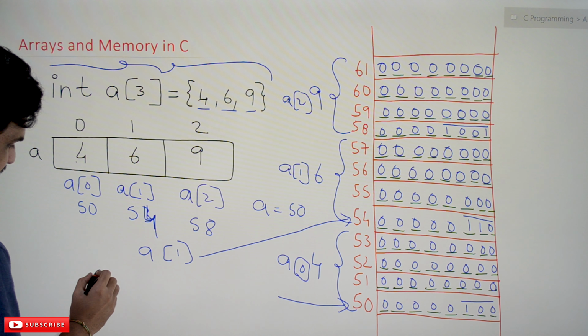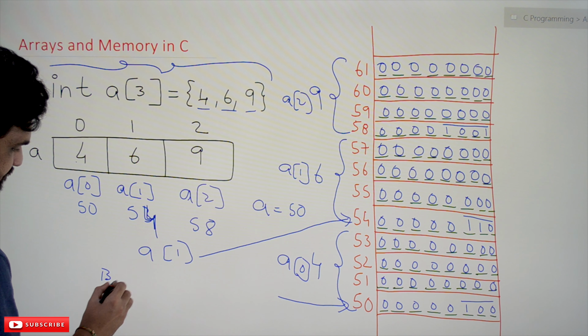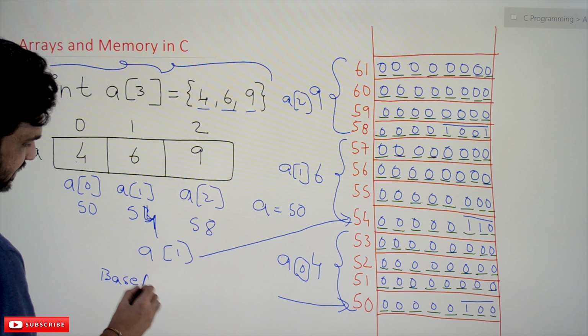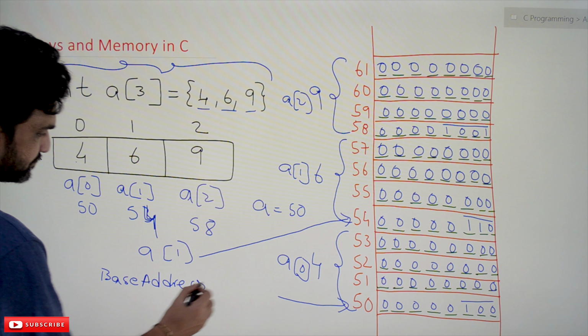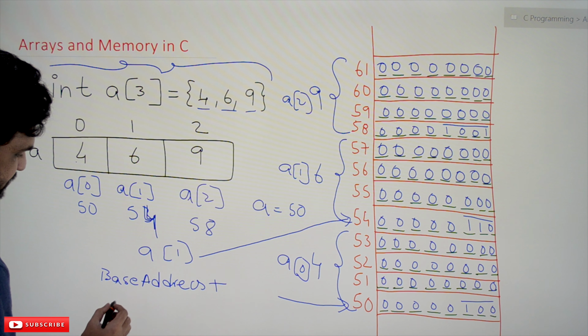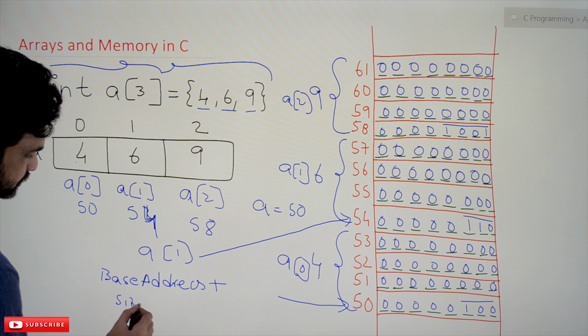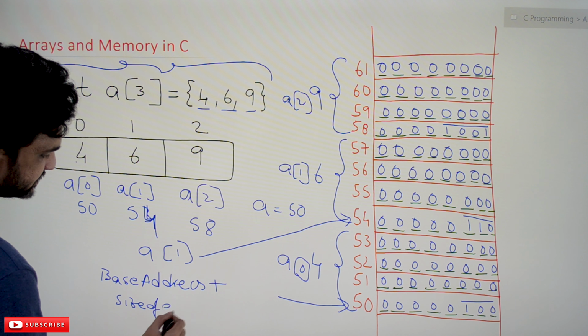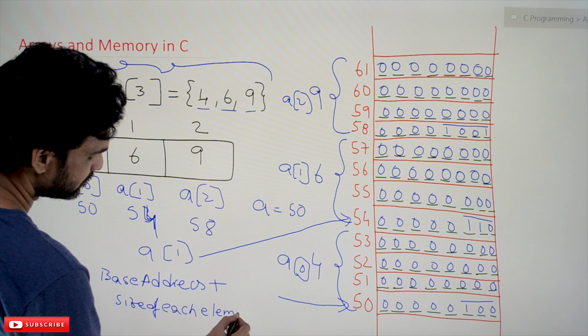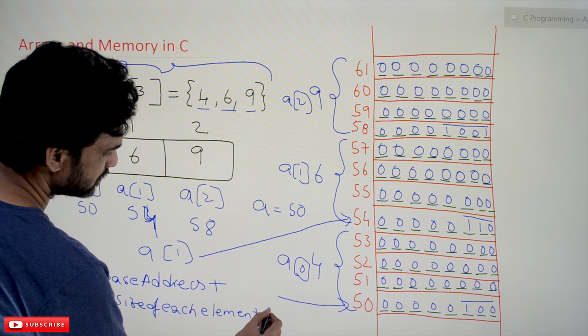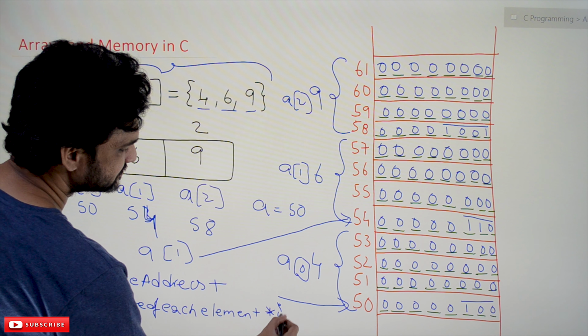So what that formula is, it is base address plus size of each element into index.